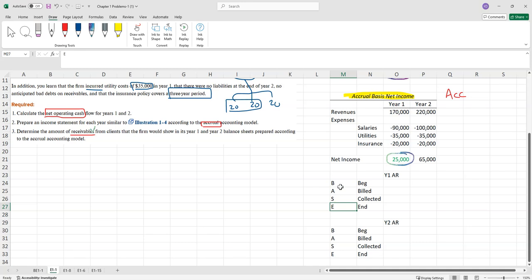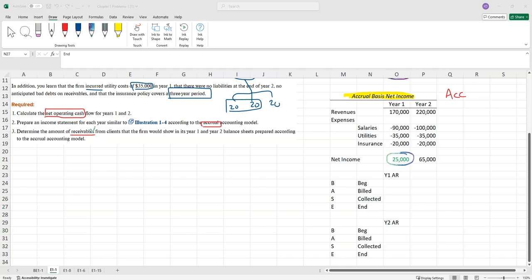Every T account has its own kind of base. So for accounts receivable, it's what you started with plus what you billed on account minus what you collected gives you your ending. It rolls forward every year. These balance sheet accounts are permanent accounts. They roll forward such that last year's ending is this year's beginning.